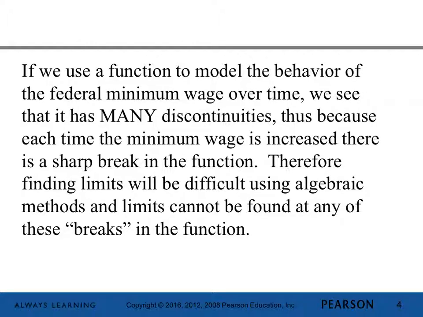So if we use a function to model the behavior of the federal minimum wage over time, what we see is that it has a lot of discontinuities, and that's because every time the minimum wage was increased, there was a sharp break in the function. Finding limits would be difficult using algebraic methods in situations like that, and limits can't be found at any of these breaks in the function because the right-hand limit doesn't match the left-hand limit.